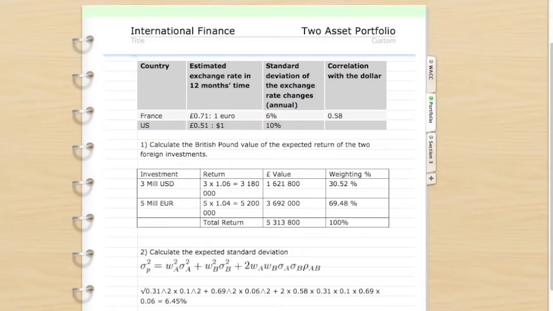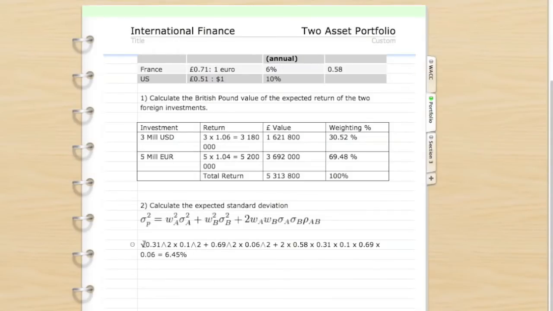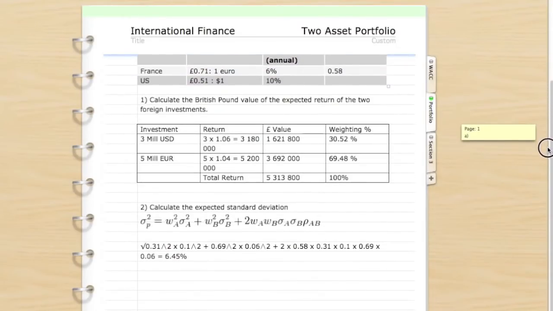And that'll give us 6.45%. So what we have here is this formula with the square root. I'll just go through once more. With the square root of the weighting, which we get from here, to the power of 2, times 0.1, the standard deviation, which we get from here, to the power of 2, plus 0.69, again the weighting of the euros, times the standard deviation, which is 6%, plus 2 times the correlation, that's what we get from here, the correlation, the dollar.